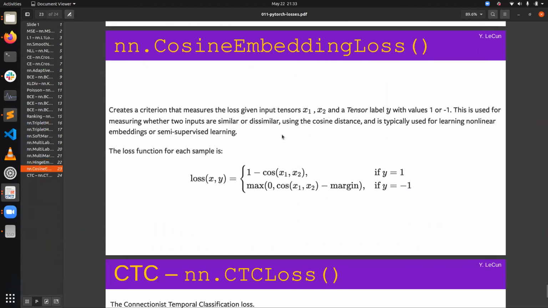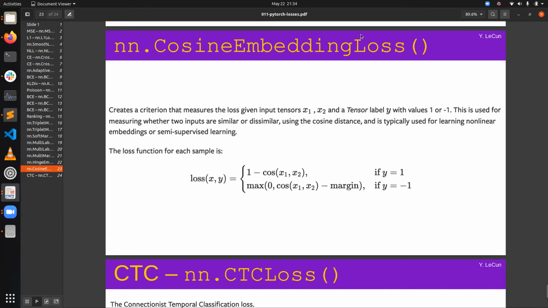Cosine embedding loss. The cosine embedding loss is again used in Siamese nets to compute the similarity between two vectors. One way of doing a similarity measurement is just taking Euclidean loss, but as he mentioned in the lecture, a simple hack to increase the Euclidean loss is just to make your vectors really, really long.